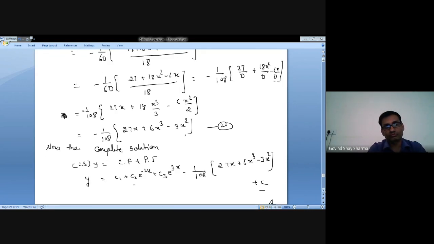In the next lecture we will do more exercises of this type of question, and we try to find out the PI when the function is cos x, sin x, tan x, and e to power alpha x, and when the function is x to power m and e to power alpha x.